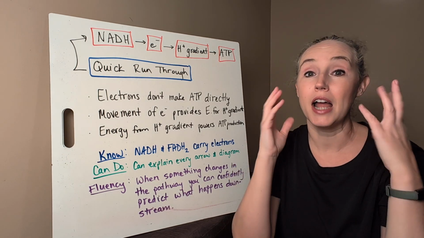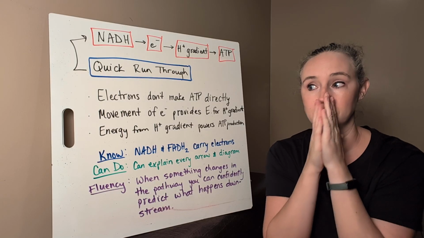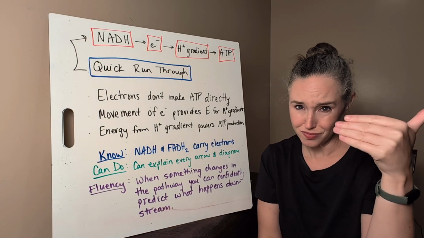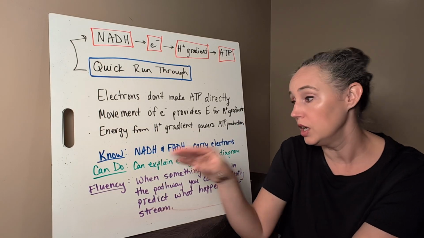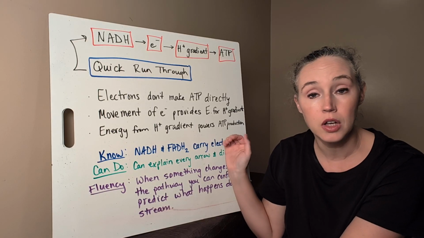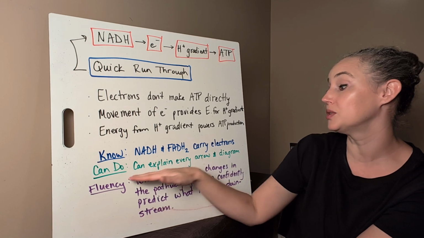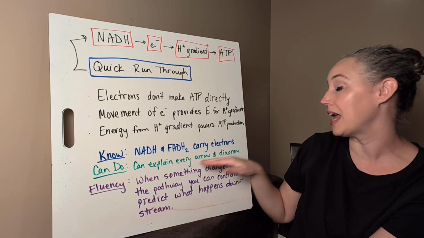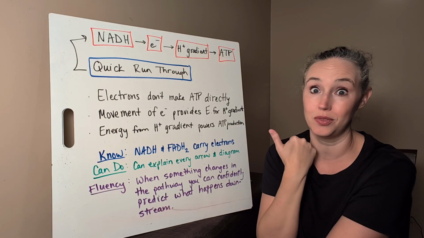So I know that is a lot, but suddenly it all makes sense. Oh, I love it. But when it comes to my AP biology course, while it is important for you to know that NADH and FADH₂ are reduced electron carriers, what you really need to be able to do, first of all, is explain every arrow in a diagram in either your book or at least in this video.